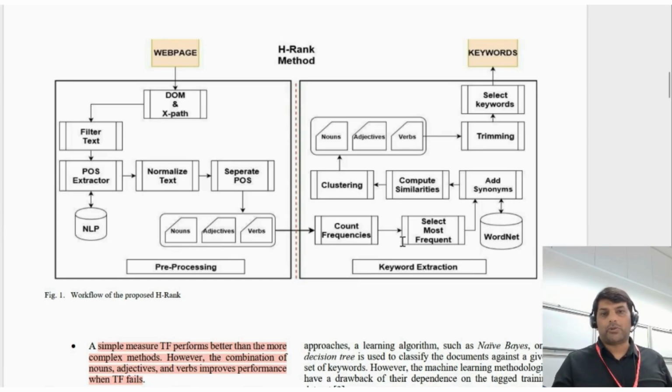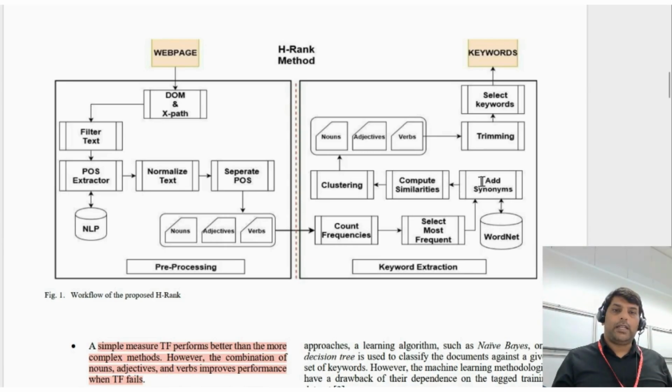We just take the maximum frequency words. After that, we use WordNet to find the synonyms for those words. For example, internet and net can be used simultaneously, and car and cars can be used the same way.